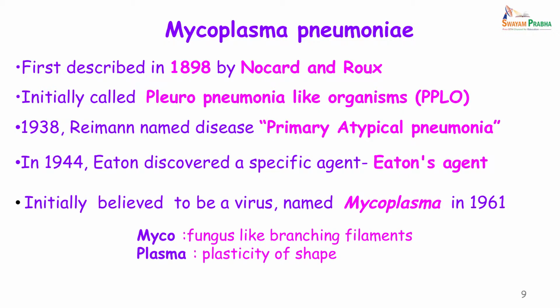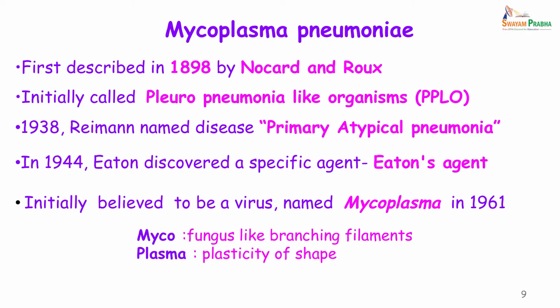In 1944, Eaton grew the organisms in chick embryo and therefore, this organism was called Eaton's agent. Initially, it was believed to be a virus, but in 1961, it was named Mycoplasma. Myco to indicate that it has fungus like branching filaments and plasma because of the plasticity of the shape.